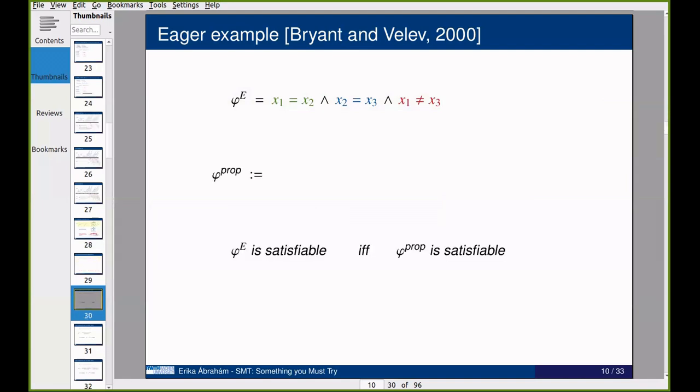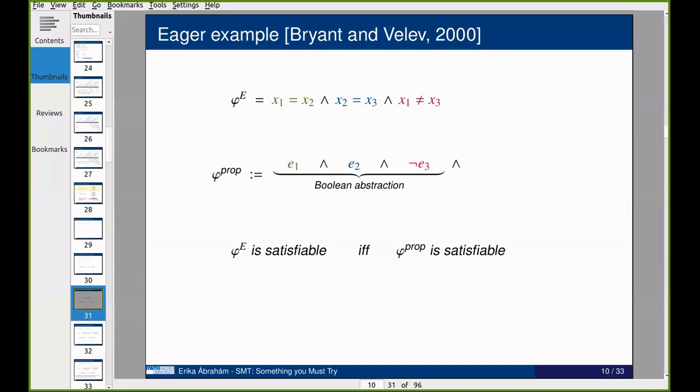Firstly, we want to transform now this formula to a satisfiability equivalent propositional logic formula, which we can solve by a SAT solver. And we do so by first encoding the Boolean structure by replacing each equation by a fresh proposition. So for example, let us take E1, E2, E3 for the equations.